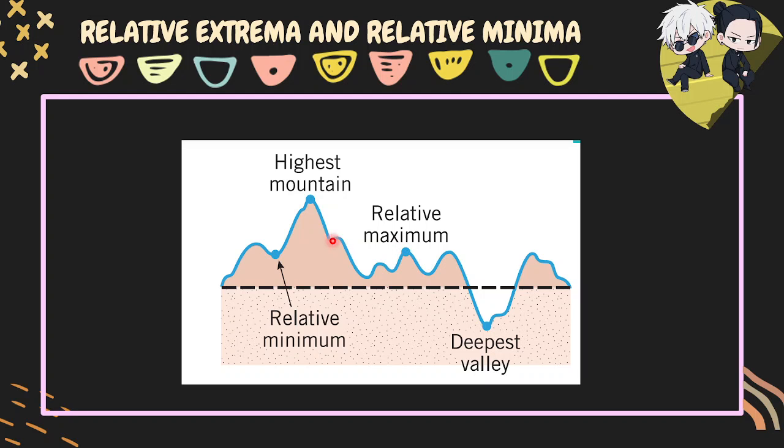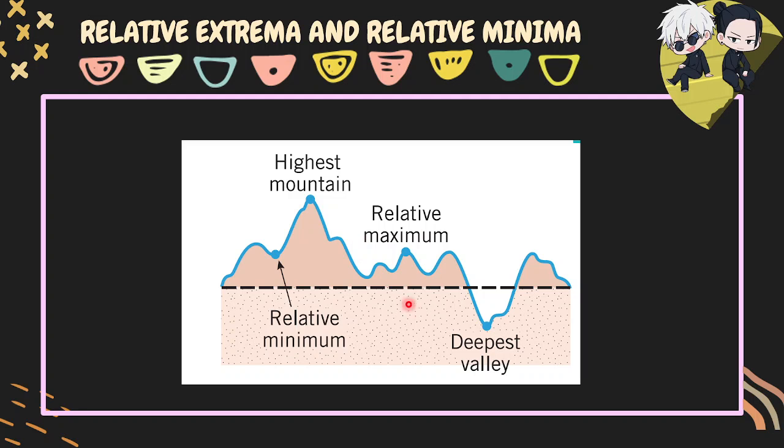The definition of relative maximum does not necessarily mean that you need to be the highest among all of the function. The definition of relative maximum tells us that it is the highest among its group or neighborhood.